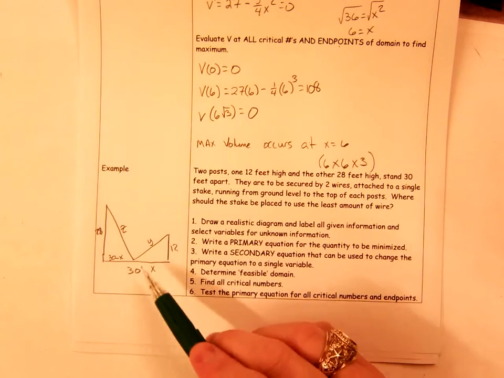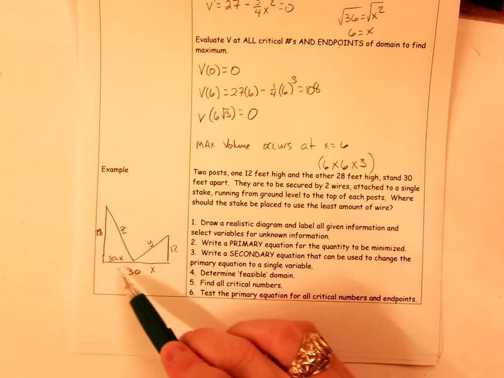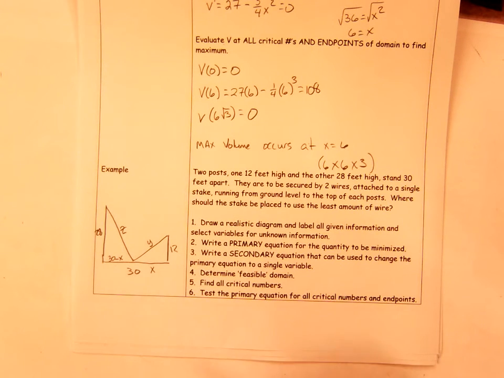I labeled this little triangle X, there's Y, there's Z, and there's 30 minus X. You could have labeled them whatever you wanted, but X, Y, and Z, get the little A, B, and C. All right, everybody got that? Does that make sense to everybody?